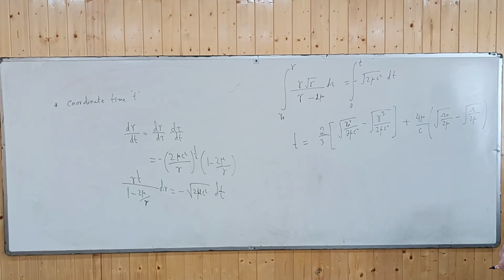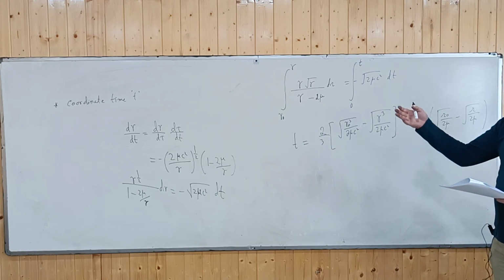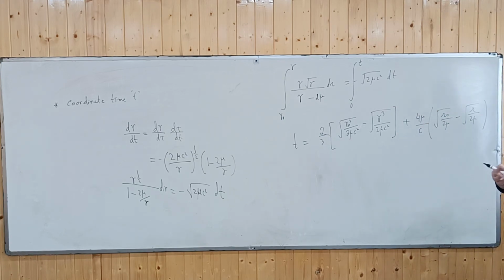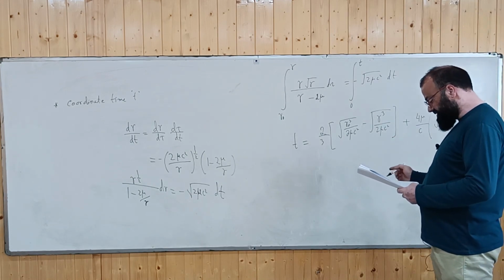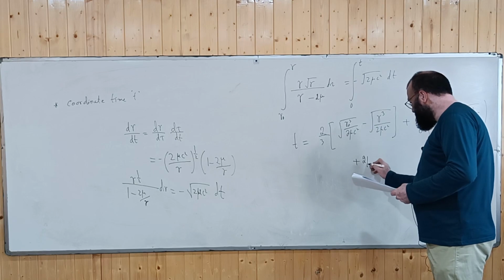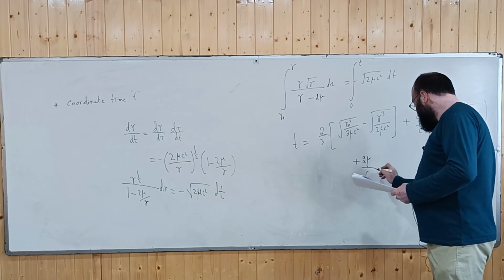This is a very simple integral. Just do it. It's x root of x divided by x minus a, sorry, divided by x minus a, not root. Plus, there will actually be a logarithm term, which is very important.